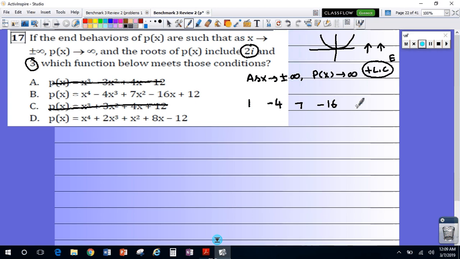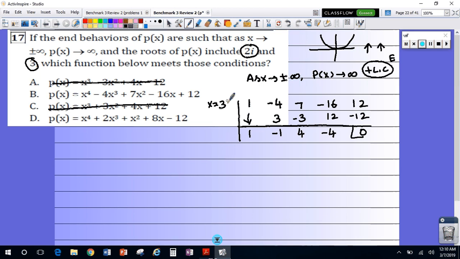negative 16, positive 12. So what I am doing here is finding out whether x equals 3 is a root for this polynomial or not. So bring down this 1. So that is 3, negative 4 plus 3, that is negative 1, negative 3, 7 minus 3, that is 4, 4 times 3, 12, negative 16 plus 12, negative 4, so negative 4 times 3, negative 12.